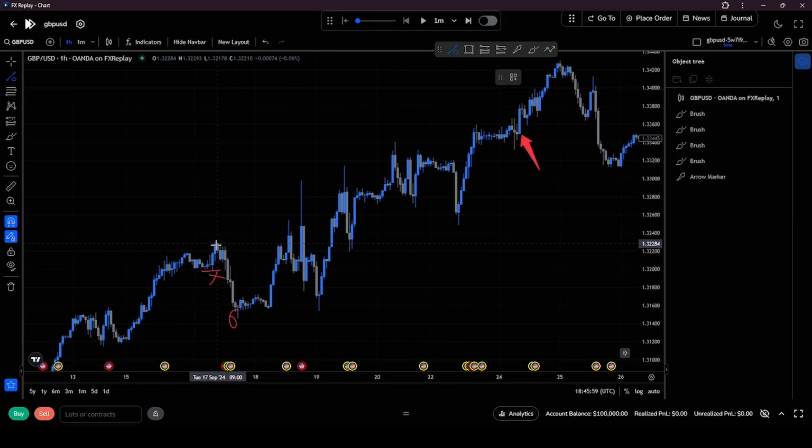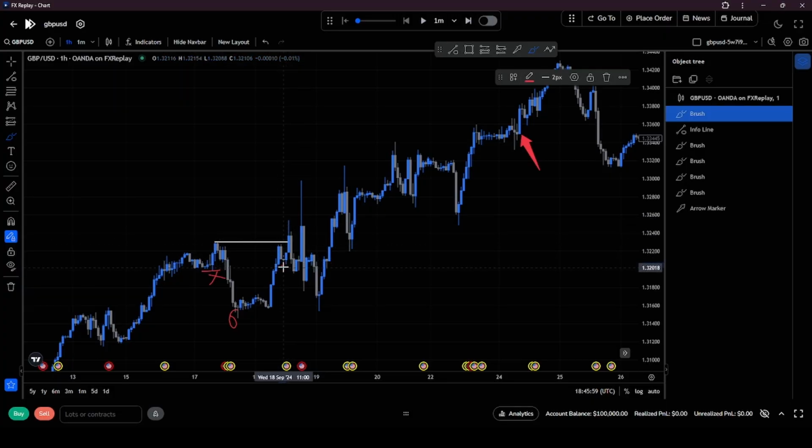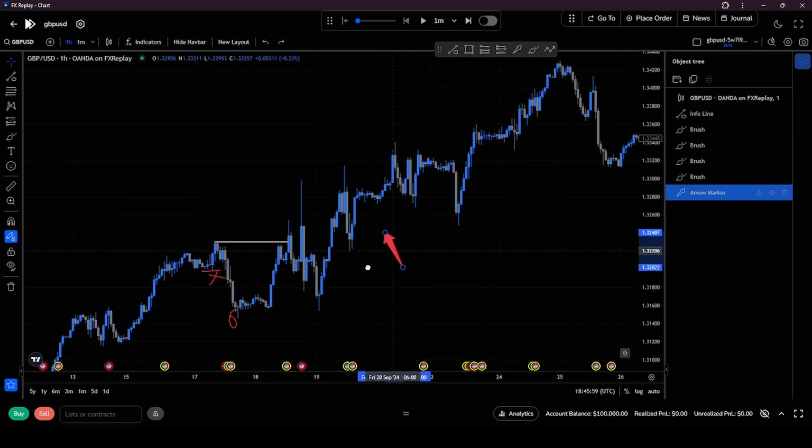So we had a raw break of structure here after the inducement was taken, the major inducement. After taking that major inducement, price gave us a minor inducement before breaking the structure. So this was the minor inducement here before the structural break.